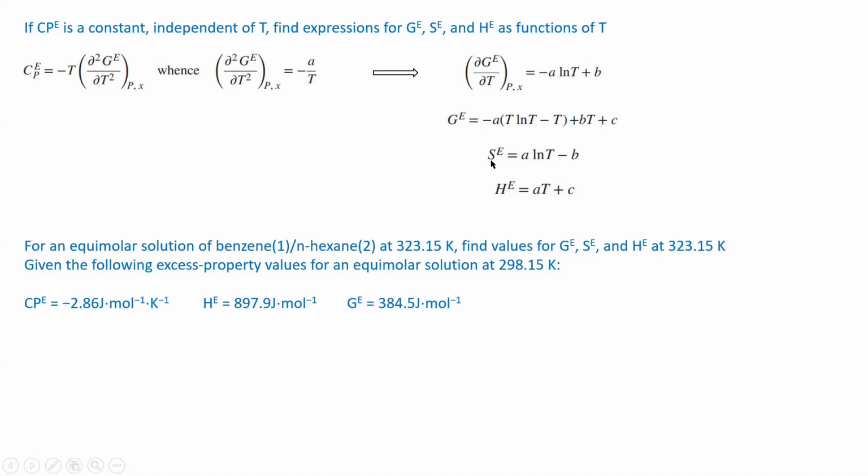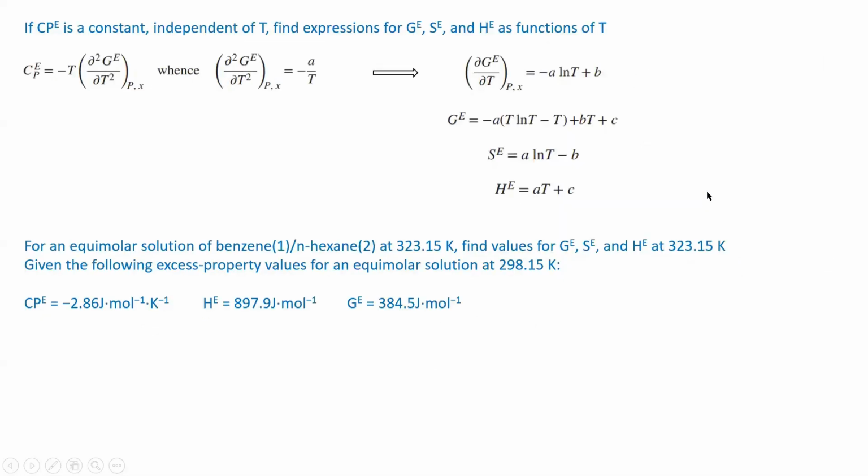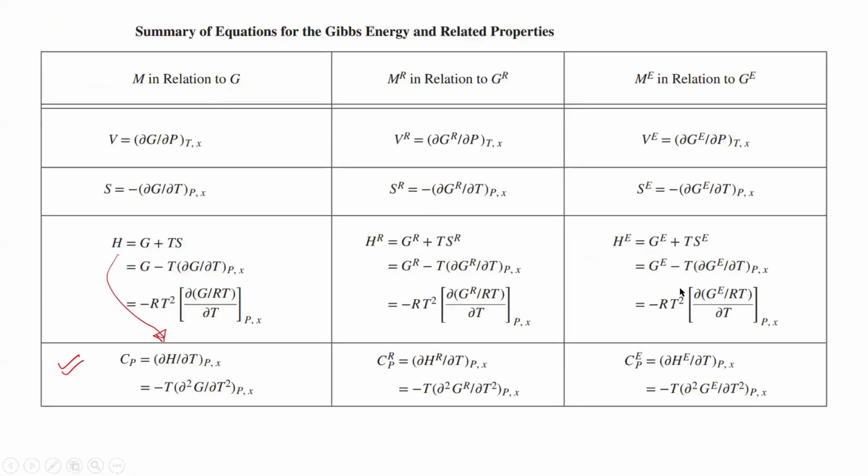And from this G, I will be getting SE, which is minus dou G by dou T. If I differentiate this with the temperature, but the negative of that, that's why we have got A ln T minus B. And then HE is represented as minus RT square into dou GE by RT.